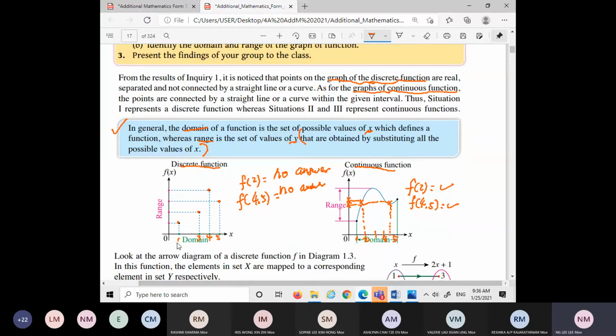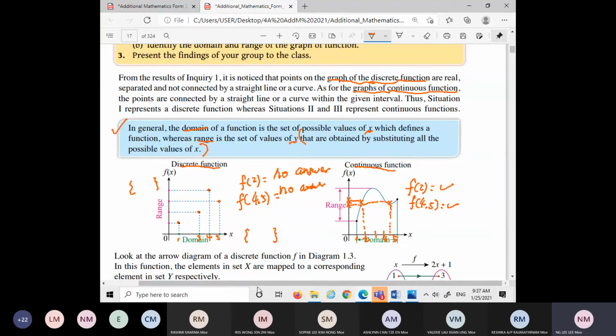The domain for the discrete function will be this value, then the range will be this value. They will write these in set notation, and since it's discrete, it's one number, one number, one number.